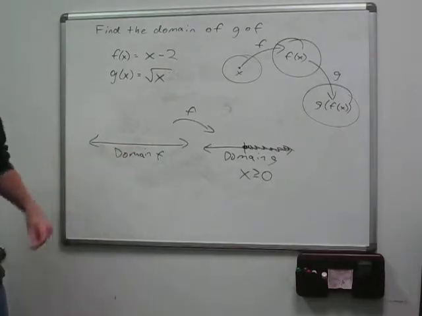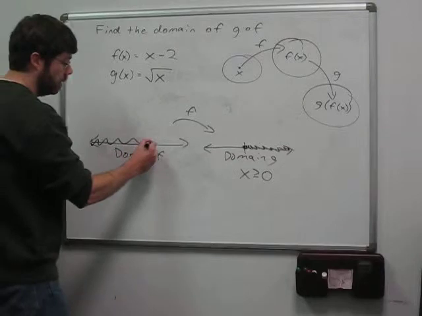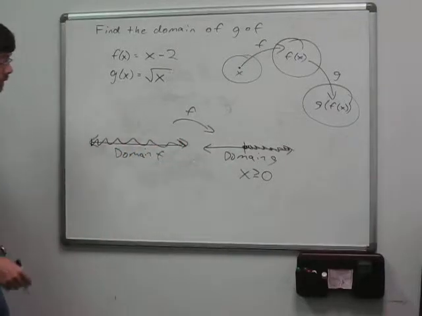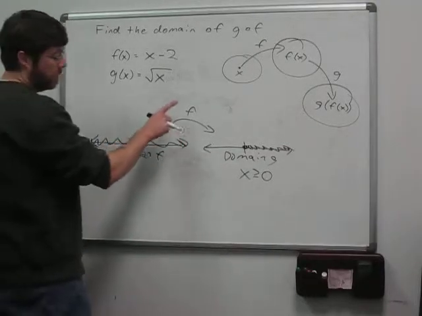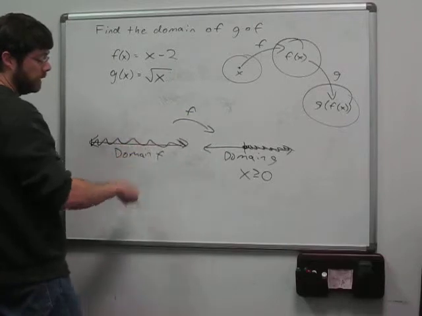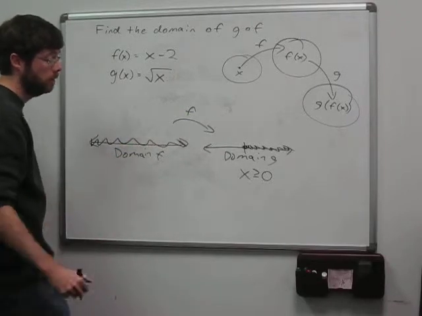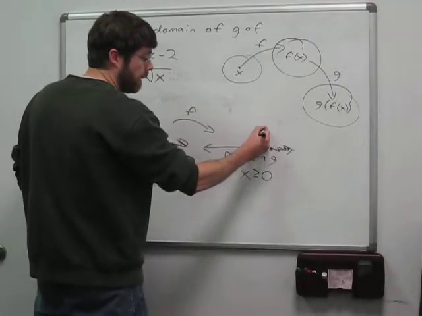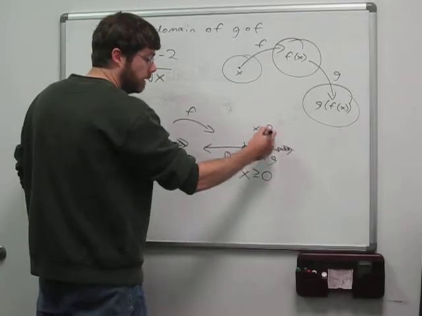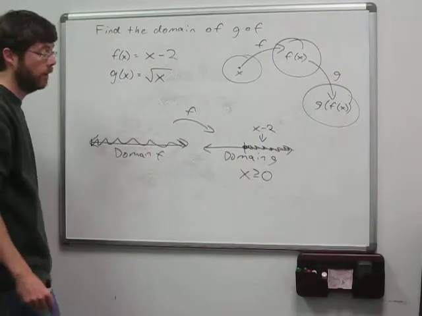Well, for starters, what's the domain of f? f is a polynomial, so the domain is all real numbers. When I apply f to any of these guys, I get x minus 2. So x minus 2 has to land somewhere in this graph.